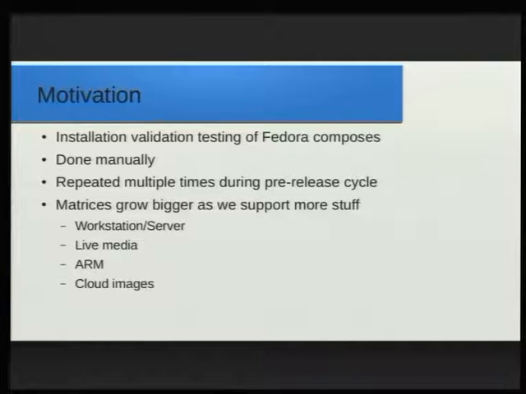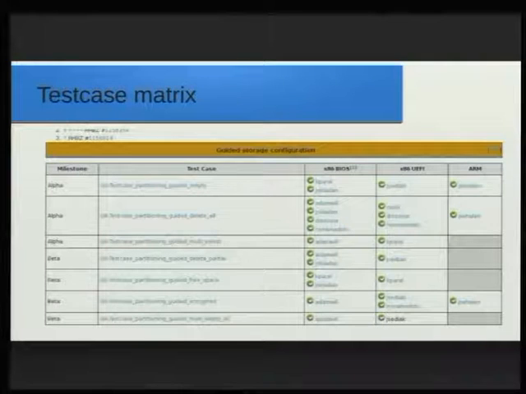So this is getting harder and harder, and without automation it is practically impossible for a bunch of people to do. This is an example of a test case matrix, which is done for each compose of Fedora.